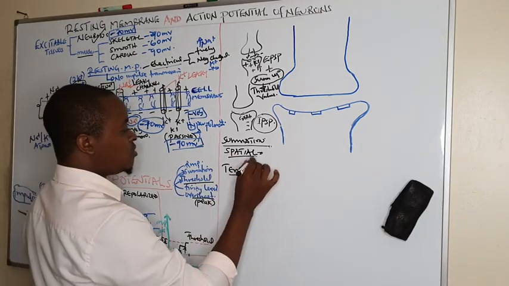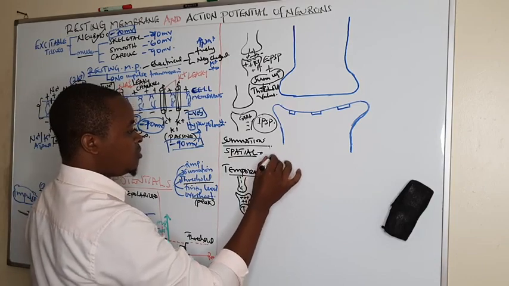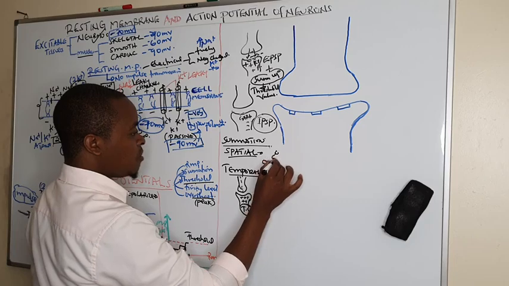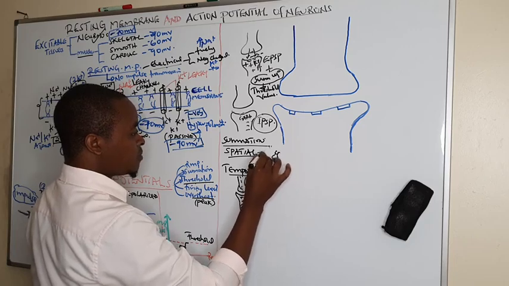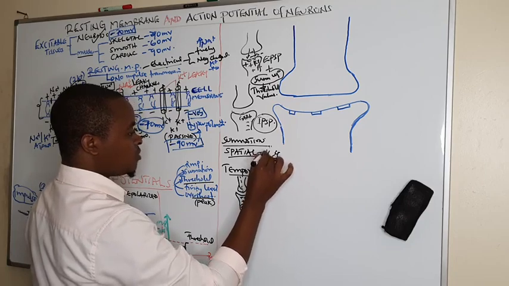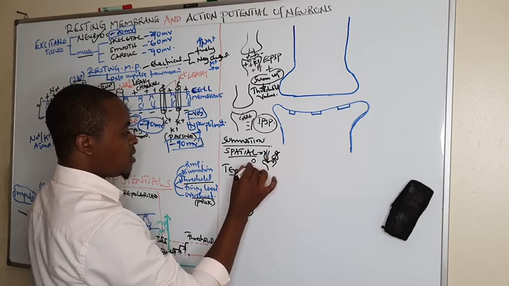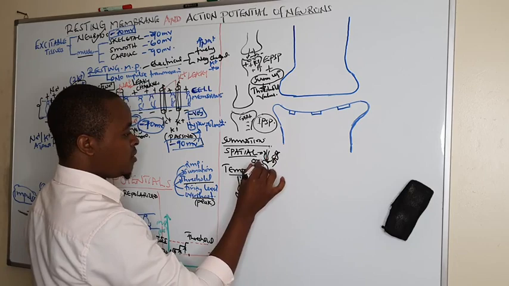But under spatial summation, you have one postsynaptic neuron being fired by more than one presynaptic neuron. So this one fires here, this one fires here, another one can come and fire here.